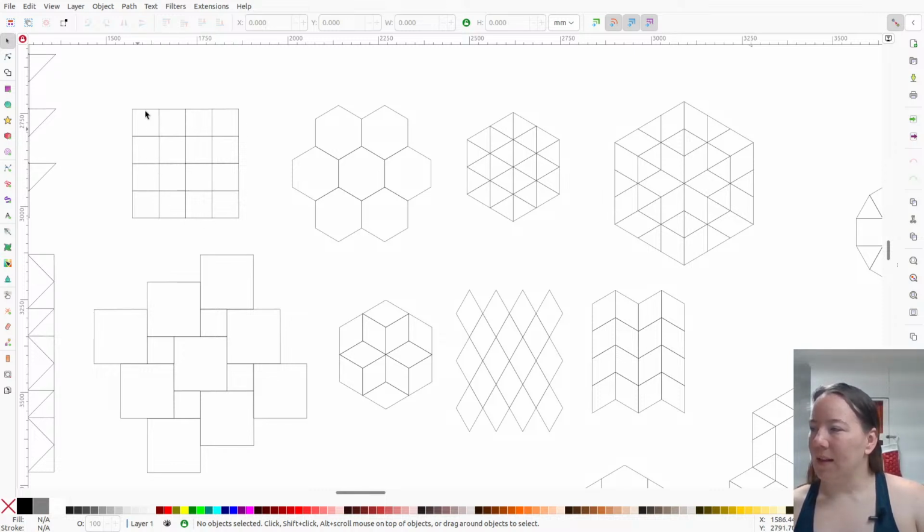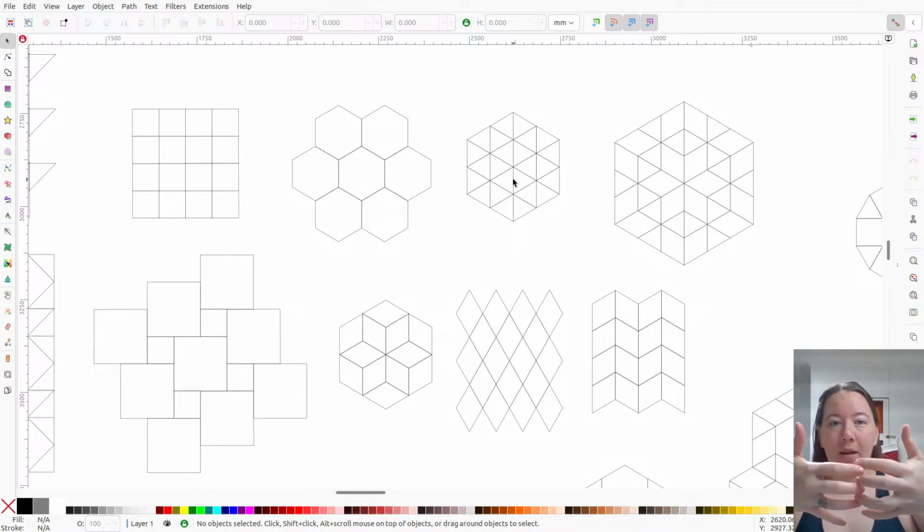So let's take these three tilings. These are uniform tilings of regular shapes, ones with squares, ones with hexagons, and ones with equilateral triangles. Two of these, the squares and the triangles, are great for origami tessellations because when we have twists, those are either right-handed or left-handed, and the pleat in between needs to go from a right-handed twist to a left-handed twist in order to lay down flat.